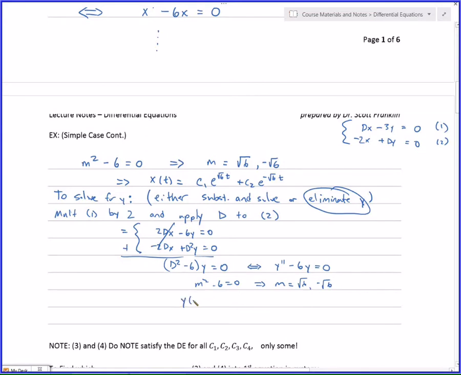So what's y of t then? It's the same thing as x. Except these constants may not necessarily be the same for the y. So we need a c3 e to the square root of 6t plus c4 e to the negative square root of 6t.